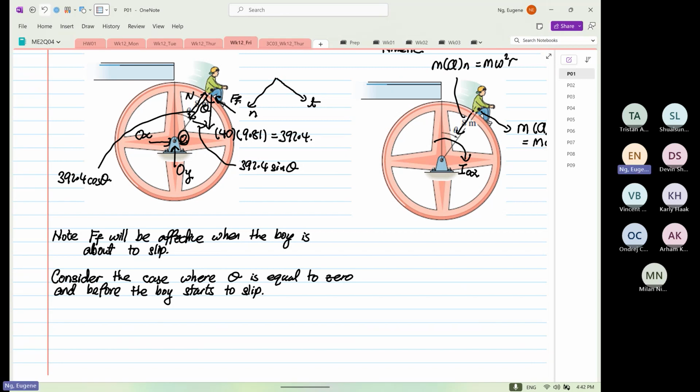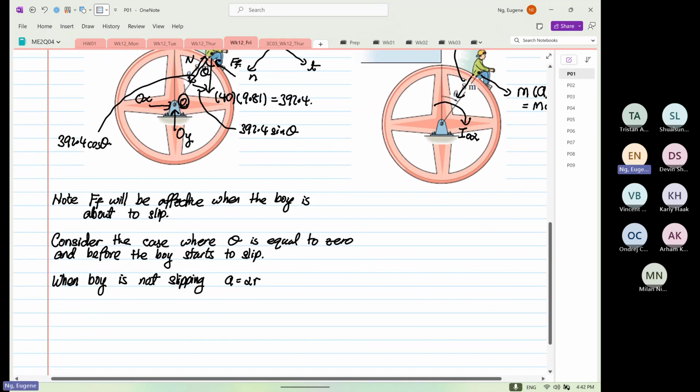Okay, before the boy starts to slip, i.e. when the boy is not slipping, and we can use A is equal to alpha R.